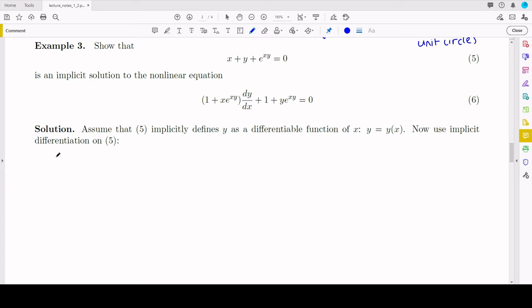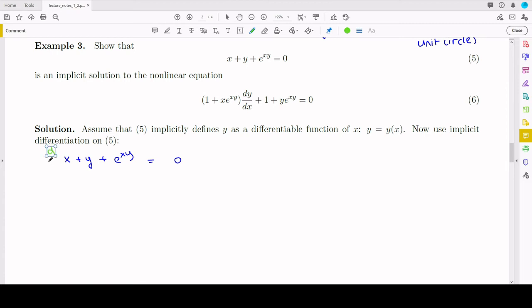So remember what we do. We start out with x plus y plus e to the power xy, and that is equal to 0. And we're going to take the derivative with respect to x on both sides.